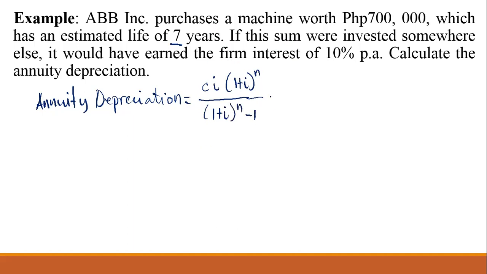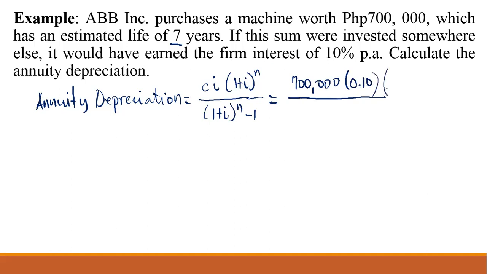Okay? So, this is over 1 plus I raised to N minus 1. Okay? So, all we have to do is to substitute the value. So, the acquisition cost is 700,000. Okay, 700,000 times the interest rate, which is 10%. So, convert natin siya sa decimal, 0.10.